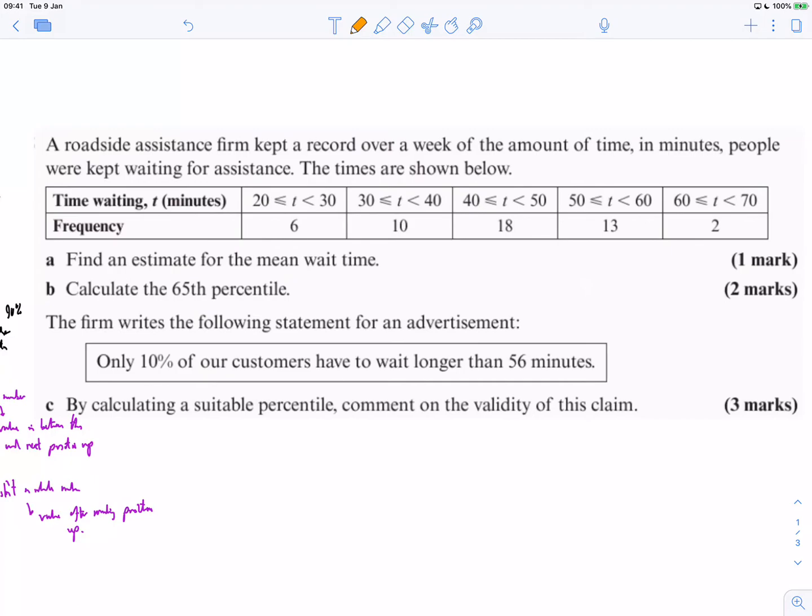Okay, so the midpoint of the first one is 25, then 35, then 45, then 55, then 65, and that will do. And then the frequencies are 6, 10, 18, whoops, 18, not 8, 18, 13 and 2.